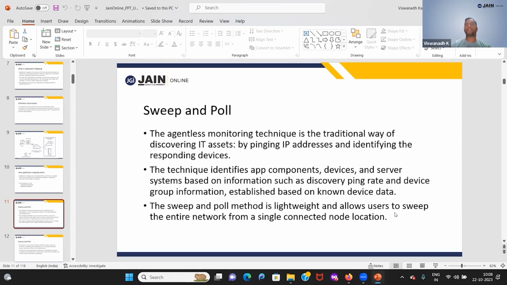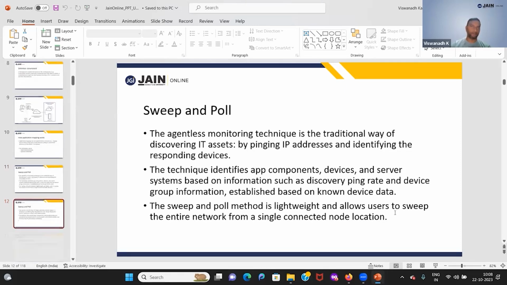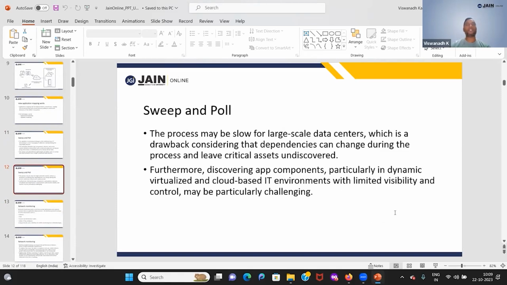The sweep and poll method is lightweight and allows users to sweep the entire network from a single connected node location. The process may be slow for large-scale data centers, which is a drawback considering that the dependencies can change during the process and leave critical assets undiscovered. Furthermore, discovering app components, particularly in dynamic virtualized and cloud-based IT environments with limited visibility and control, may be a challenging task in sweep and poll.